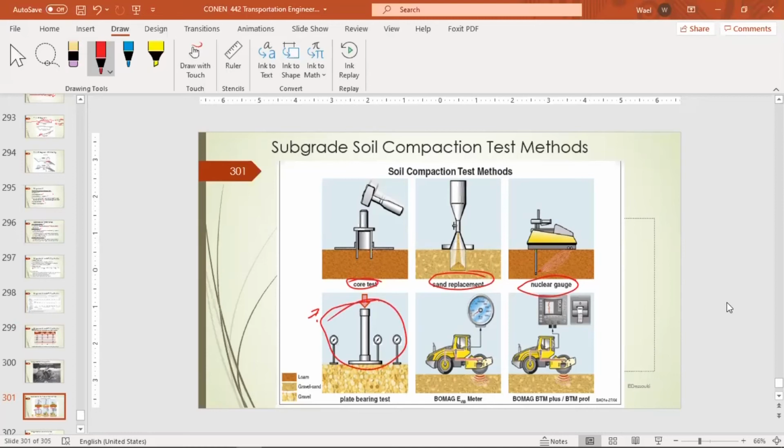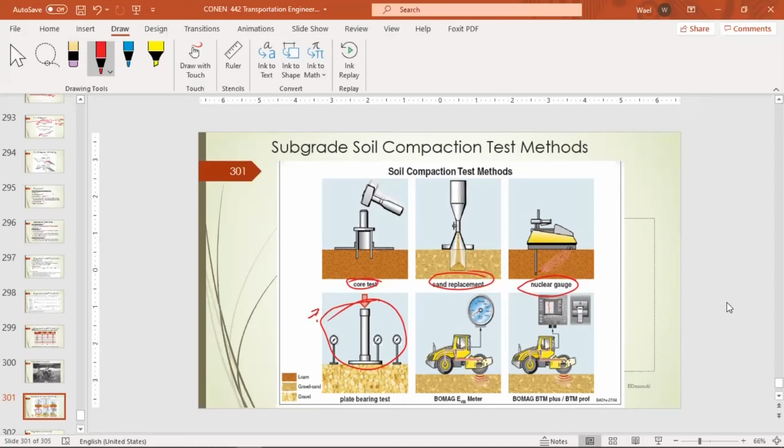We need to have a lot of samples along the segment of the highway under construction. So we cannot have this configuration for several points. Again, the sand core test, it's not the optimum, okay, because it depends on several factors.